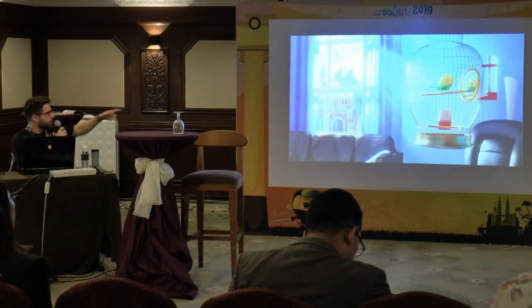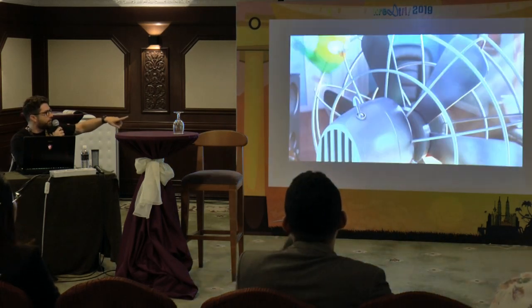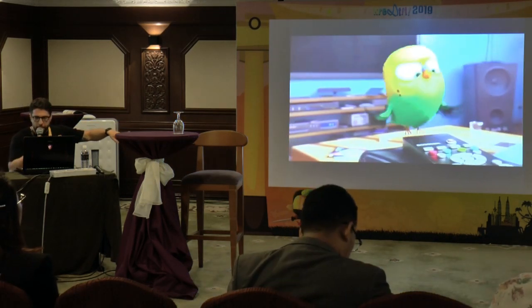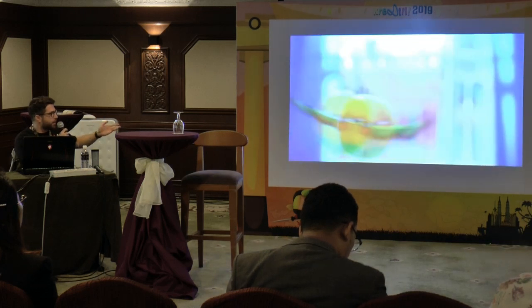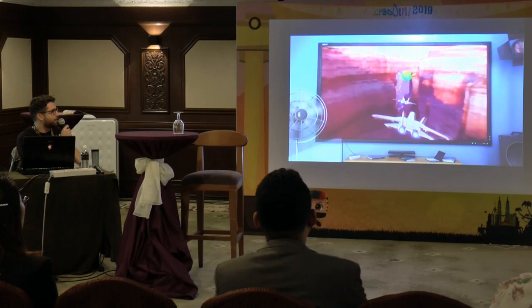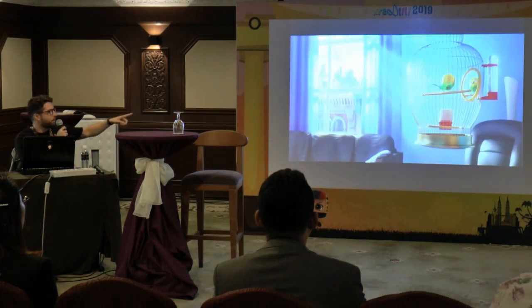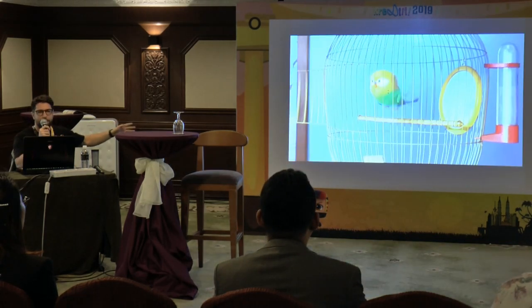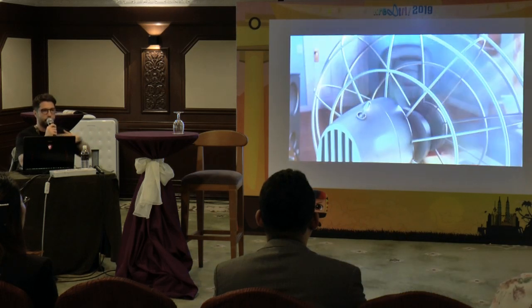So for example, this is Sweet Pea. This is the bird in The Secret Life of Pets. And this character was meant to be like another character in The Secret Life of Pets. Actually, he had the voice, and he was talking in the movie, like a big voice like this.